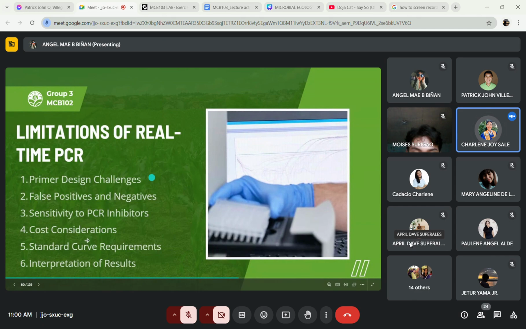So now here we have the limitations of qPCR. First on our list is the challenge of designing primers. Designing effective primers can be challenging since suboptimal designs may lead to non-specific amplification or, worse, failed reactions.